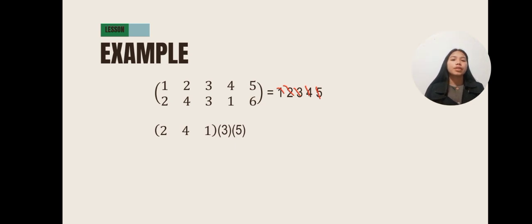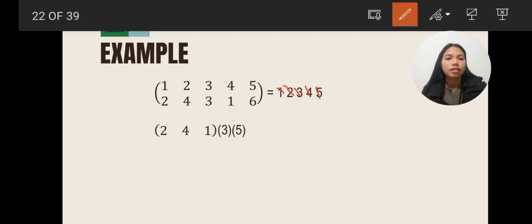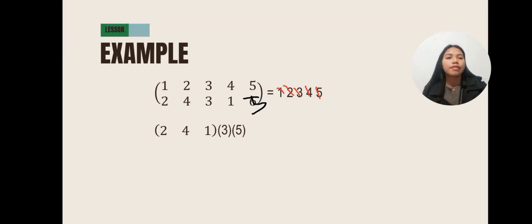And we're going to multiply that to our remaining numbers. So we have here 3 is mapped to itself, and we separate it into a single cycle. We have here the single cycle 3. And actually 5 also. 5 is mapped to itself.